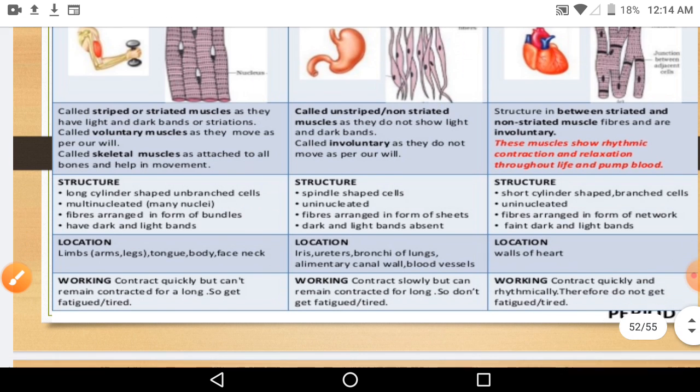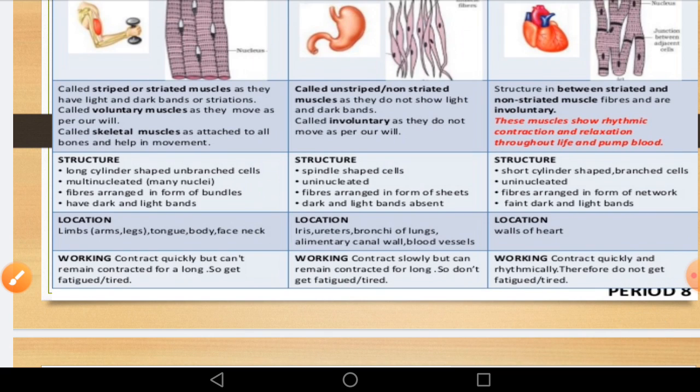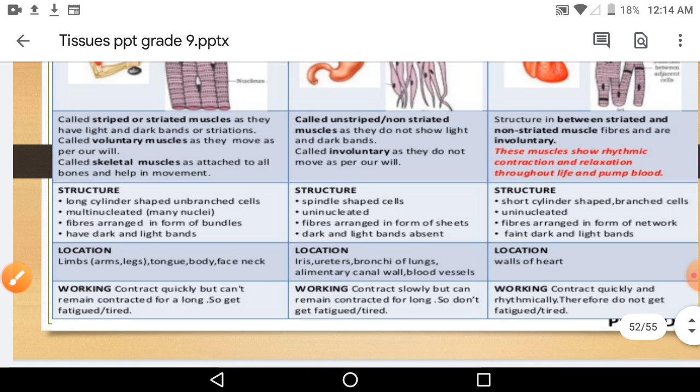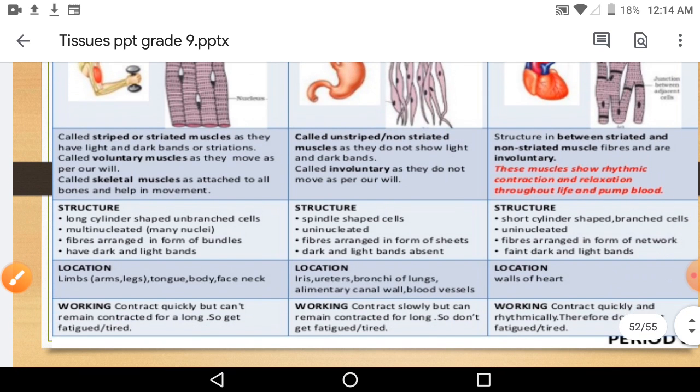Again, the location: in the limbs, that means hands and legs, tongue, body, face and neck. These are the striated muscles. Non-striated muscles are present in ureters, bronchi, alimentary canal, blood vessels, and cardiac muscles in the walls of the heart.